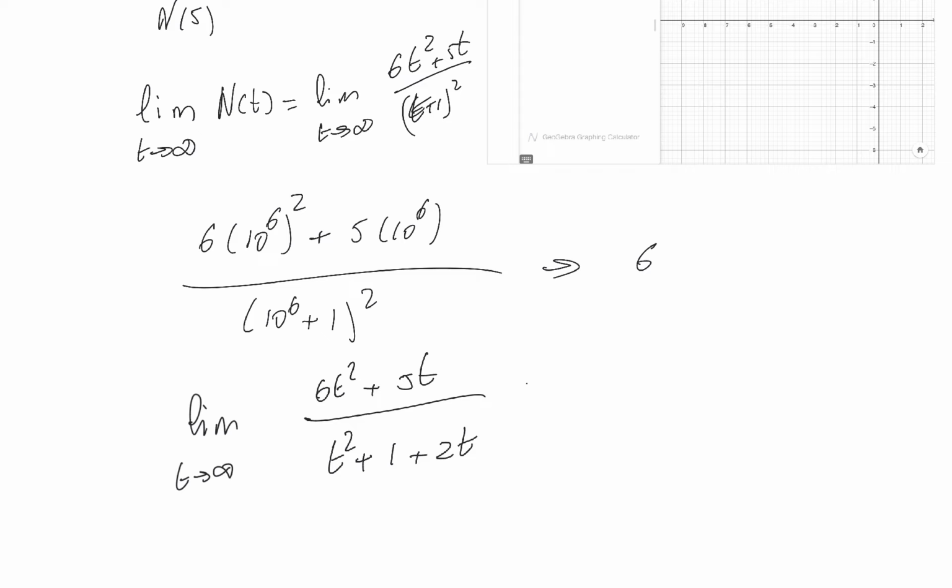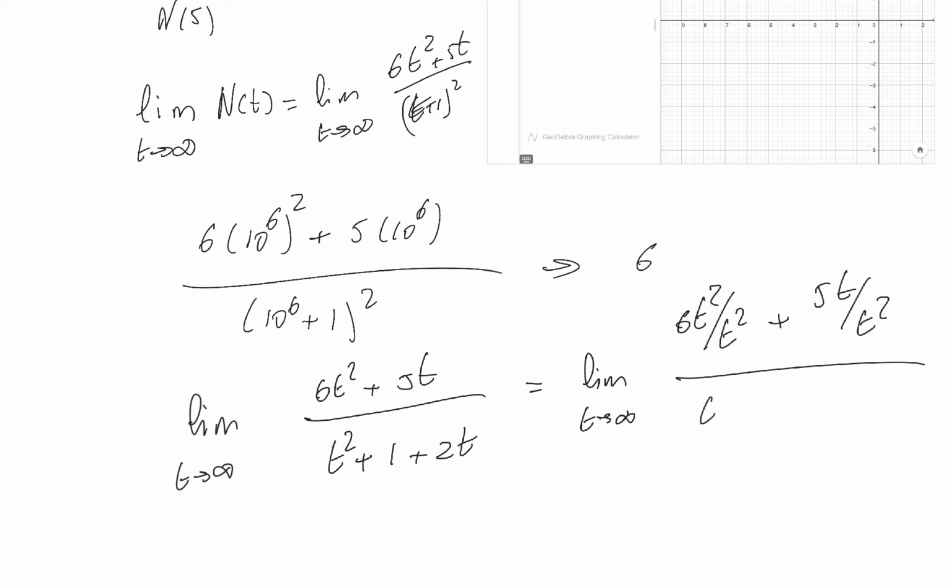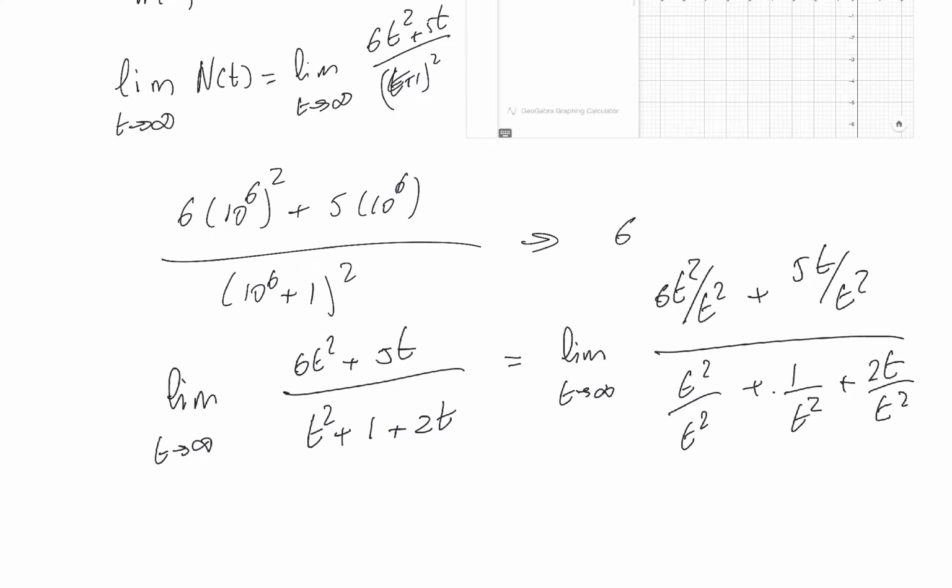So to do this limit, we divide by t squared the numerator and the denominator. We divide every term by t squared in a way that now we can say what happens when t goes to infinity.